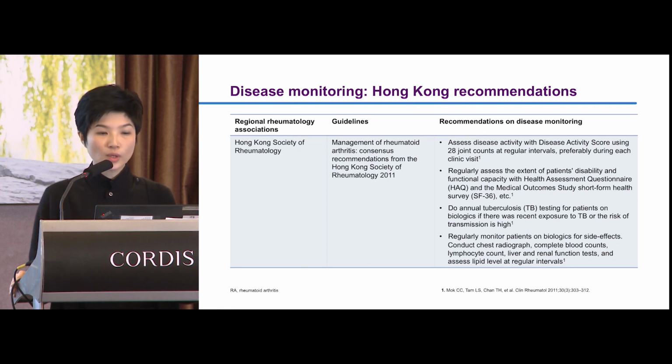We do annual TB testing for patients on biologics if there was exposure to TB or the risk of transmission is high. We also recommend regularly monitoring patients on biologics for side effects, conducting chest X-ray, CBP, liver and renal functions, and annual monitoring of the lipid profile.